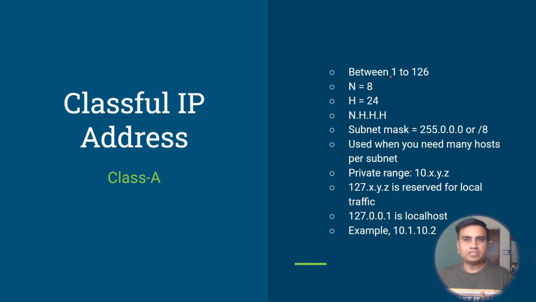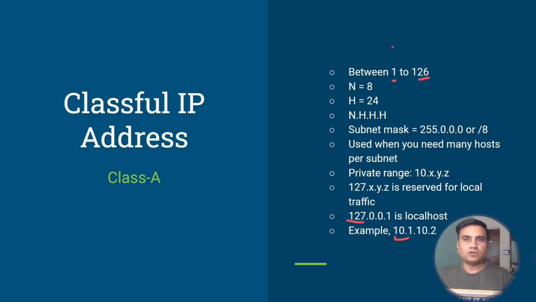Just for a recap once again, the class A range starts from 1 and it goes till 126. 127 we cannot use, 127 is reserved. And if your server is on internet, then you will use a public IP address, and if your server is on a local network, you will use a private IP address. If it is a private IP address, you will use the 10 dot range.